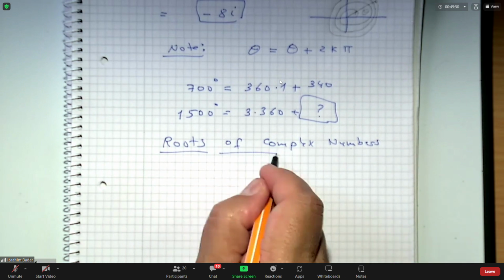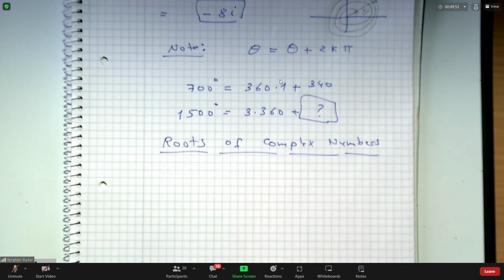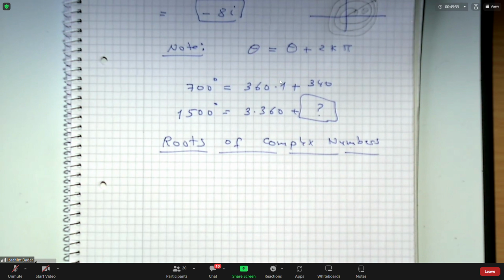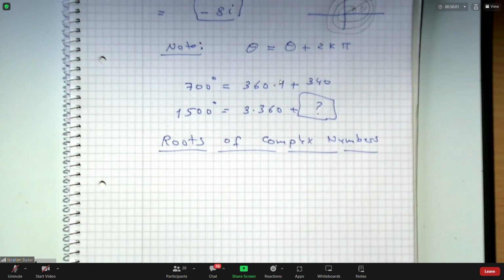So roots, I hope that everyone, we just introduced the notation. What does it mean that a number is a root of another? Can anyone explain to me?